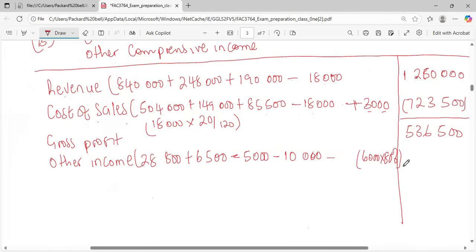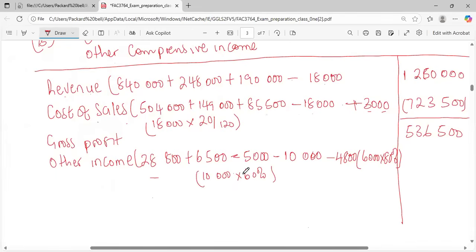How much are we going to have there? 4,800. So this one is an intra-group dividend. Then we still also need to minus the 10,000 times 60%.